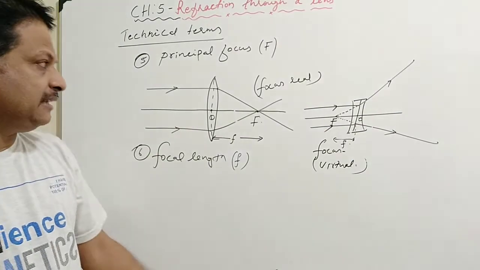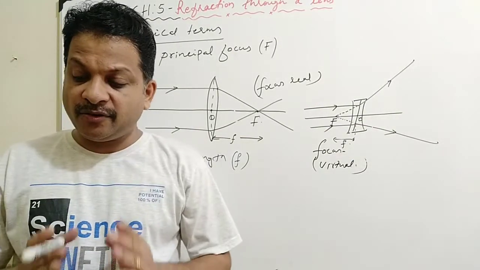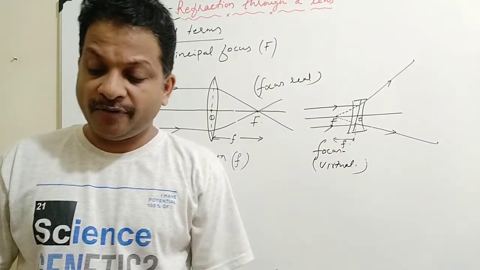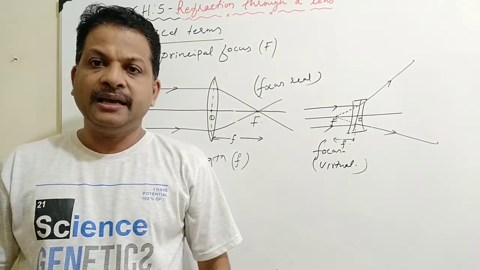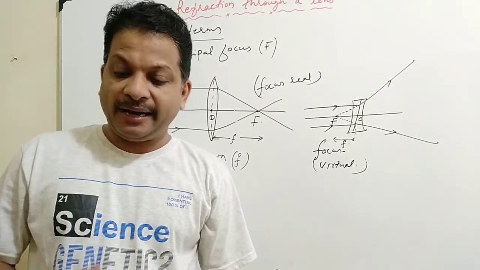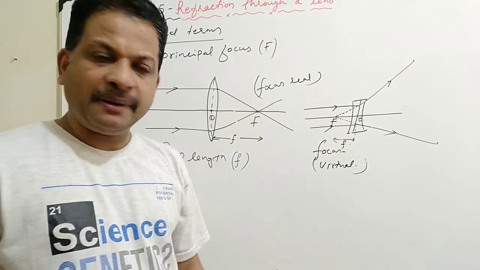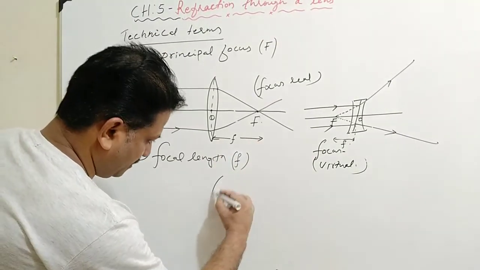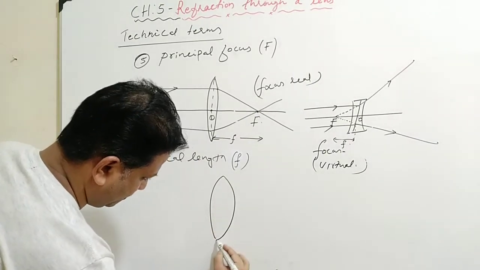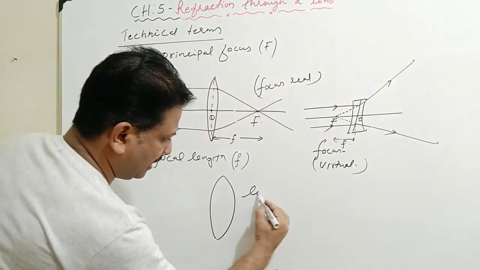And also the focal length depends on the radius of curvature of the spherical surfaces. A thick lens has less focal length than a thin lens of the same material. Remember that. This is a thicker lens, very thick, and has less focal length.